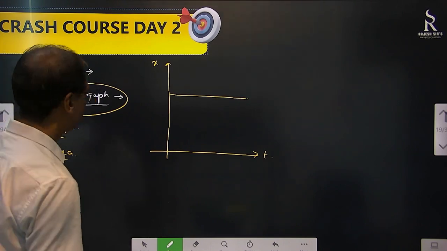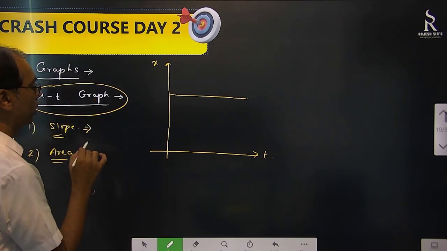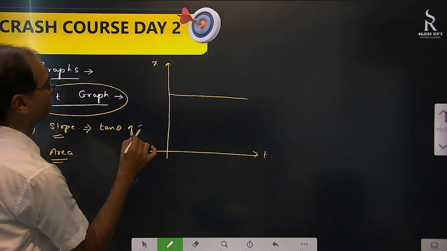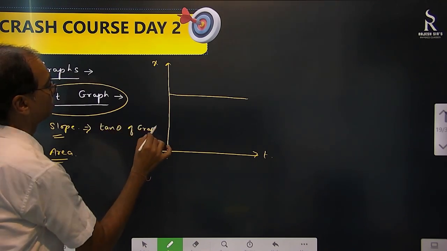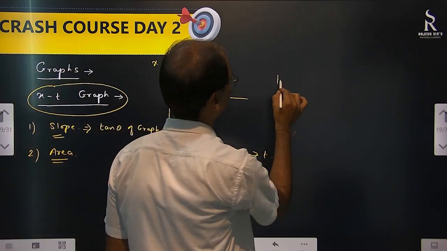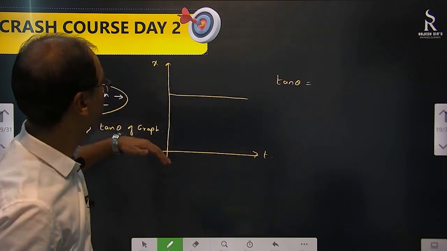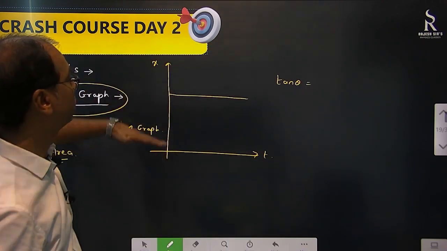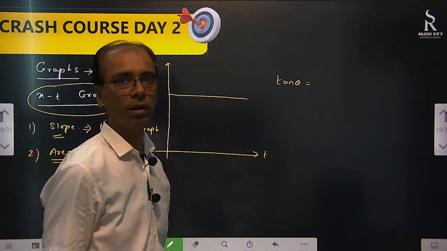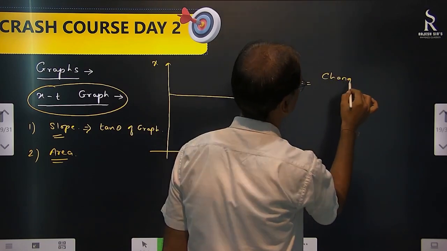What does slope mean? Slope is tan theta of the graph. Now you say tan theta of the graph means what? It means change along the y-axis, whatever you have written, by change along the x-axis, whatever you have written.